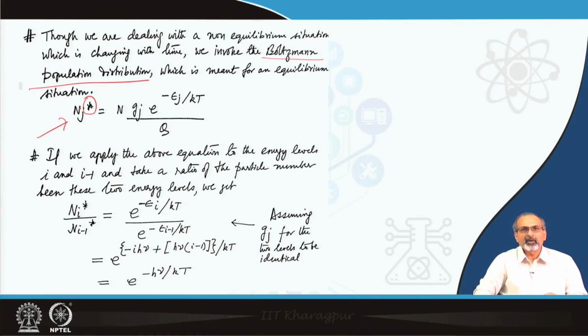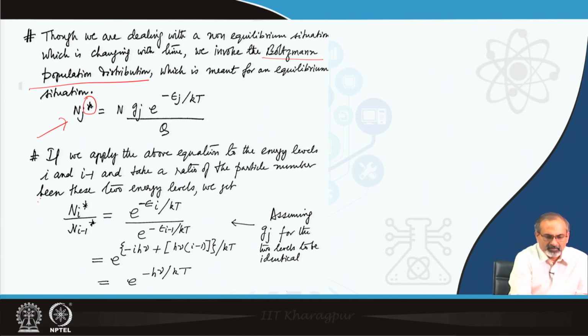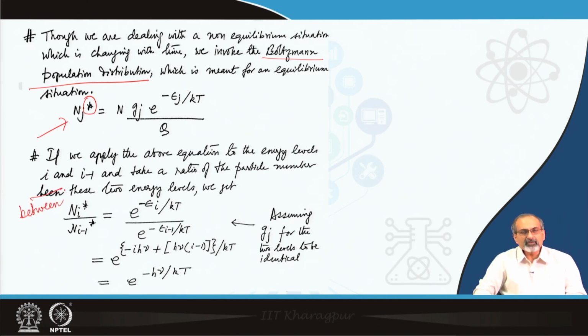Now, if we were to apply the above equation to the energy levels i and i minus 1 and take a ratio of the particle number between these two energy levels, then what would result out of it? Let us try to work it out. So, Ni star by N(i-1) star will reduce to a form like this if you assume that these being immediate neighbor energy levels, they may have identical degeneracy.